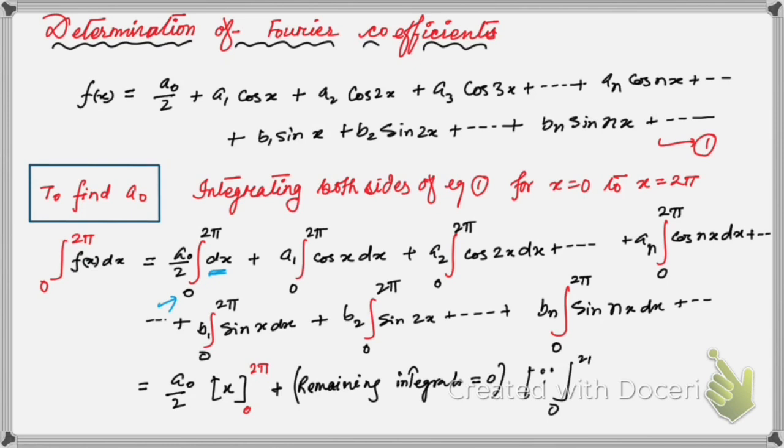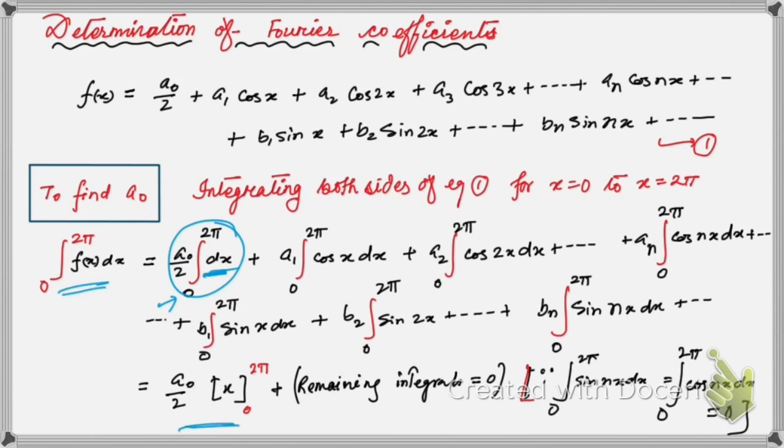Because the integral from 0 to 2 pi of sin nx dx and also of cos nx dx, where n may be 1, 2, 3, 4, anything, both integrals are equal to 0. That is why the remaining parts will be 0. Here we don't have any cos and sine, so this part will be left out only. So we have got this equal to this one.